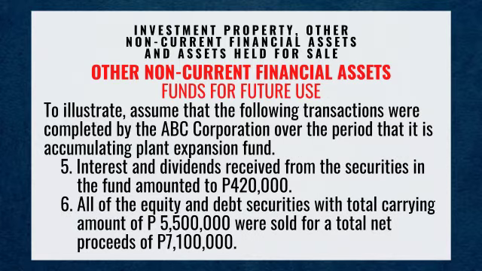Number 5, interest and dividends received from the securities in the fund amounted to 420,000 pesos. Number 6, all of the equity and debt securities with total carrying amount of 5,500,000 pesos were sold for a total net proceeds of 7,100,000 pesos.